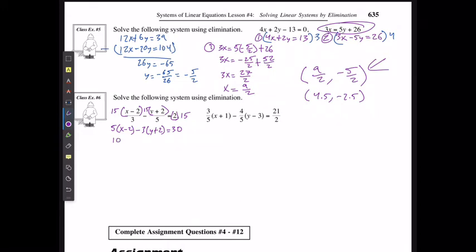Or 5x minus 10 minus 3y minus 6 is equal to 30. 5x minus 3y is going to equal 46.